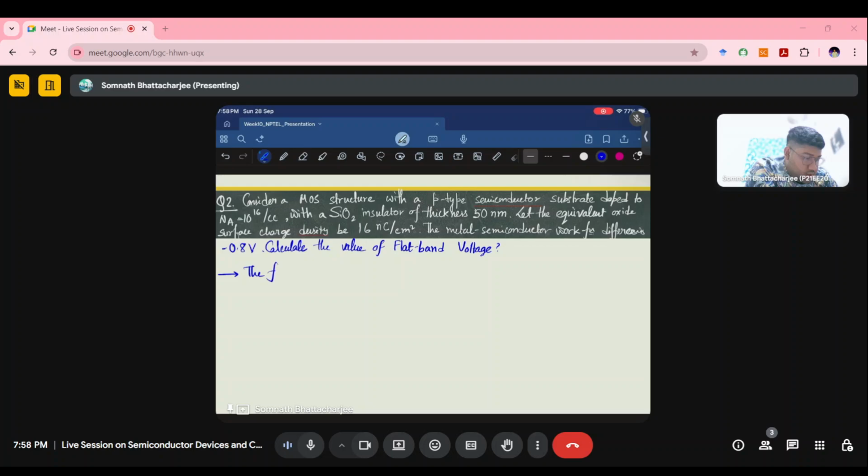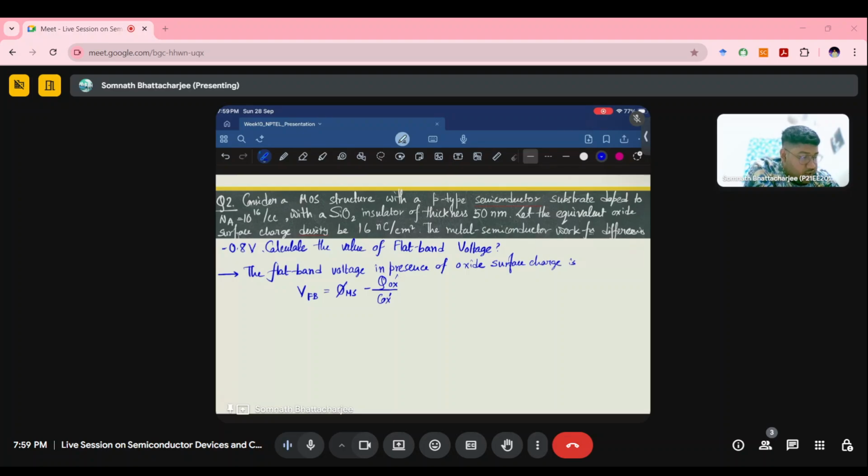The flat band voltage in presence of oxide surface charge is: flat band voltage VFB is nothing but ψms, so ψm minus ψs, which is already given here, minus Qox, that is the surface charge, divided by Cox.